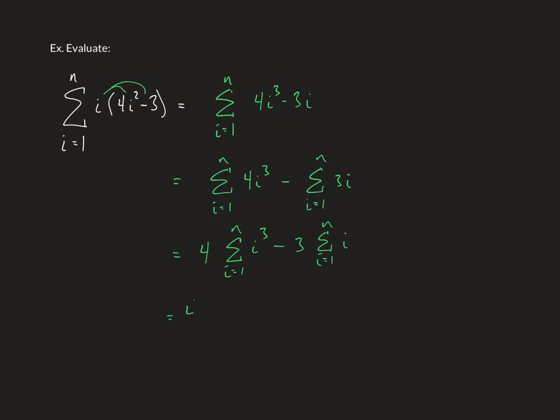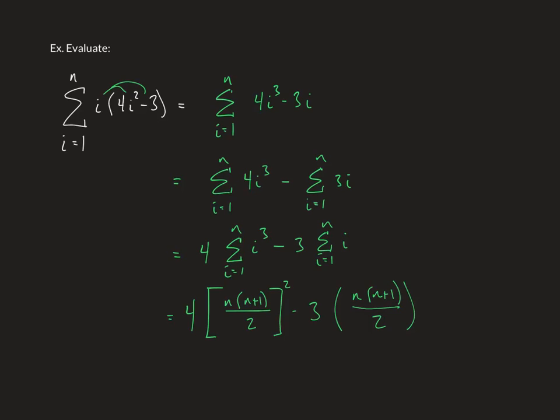So this is going to be 4 times, and we said that the sum from i equals 1 to n of i cubed is the same as n times n plus 1, and in this case n is still just a variable, we don't have a value for it, divided by 2, squared. So we're just applying those theorems. Minus 3 times, and we saw that if the function is just simply the linear function x or i, whatever the index variable is, I can replace this with n times n plus 1 over 2.